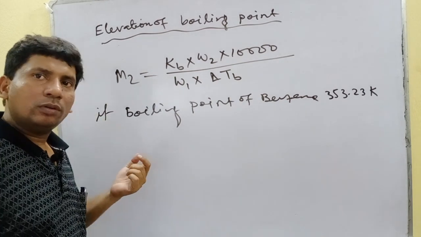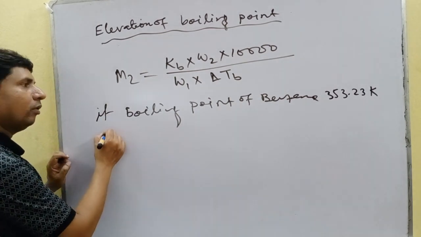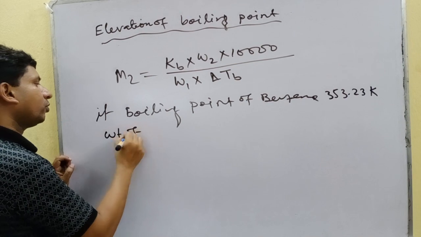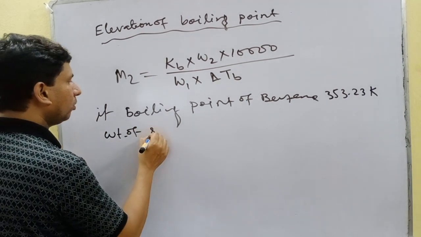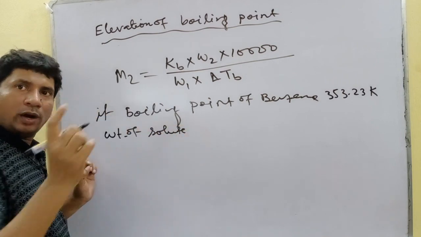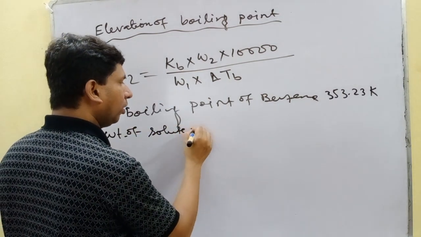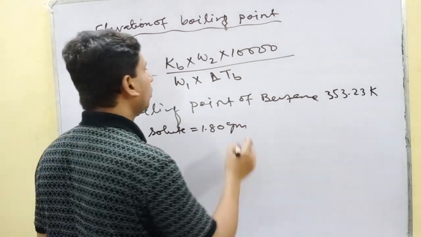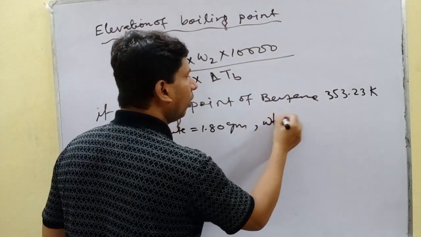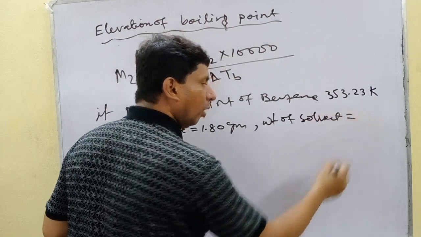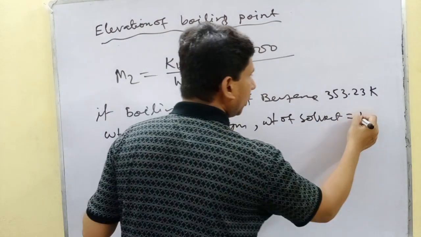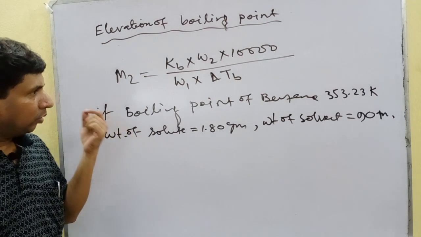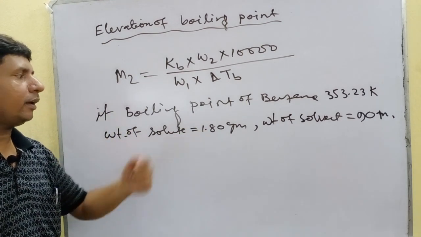The weight of solute equals 1.80 gram, and the weight of solvent equals 90 gram, that means benzene is 90 gram, and the solute taken is 1.8 gram.